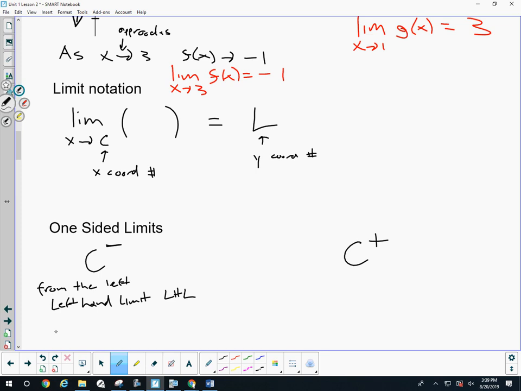And an example of c minus, if I said, look at 3 with the minus sign, I'd say look from the left of 3. You would be thinking of using a value like 2.999 repeated. Okay, that'd be just to the left of 3. Does that make sense? Okay.